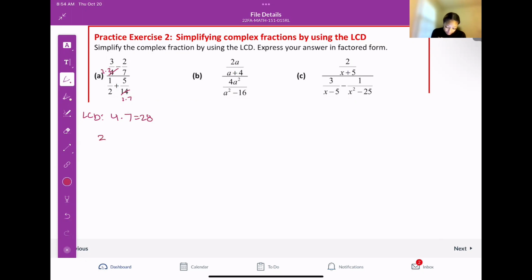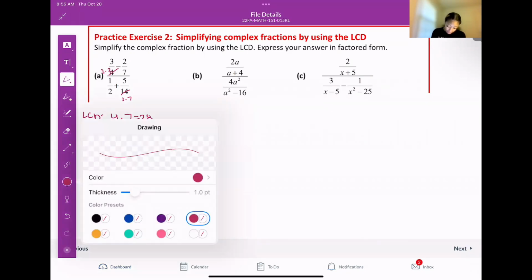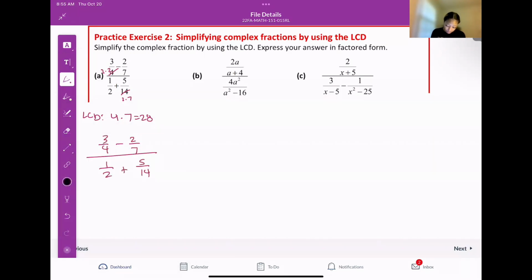What does this mean? We're going to take 3 over 4 minus 2 over 7 over 1/2 plus 5 over 14. We're going to take that and multiply every single term by 28.